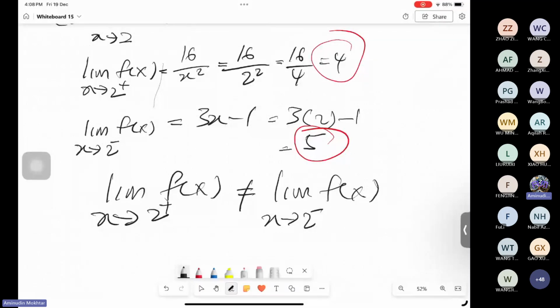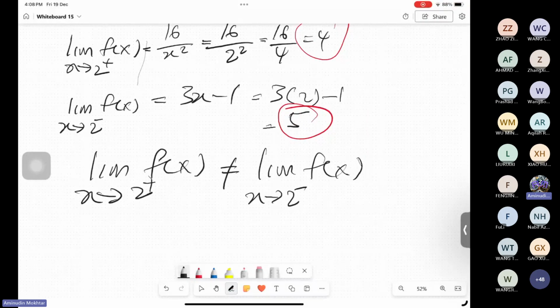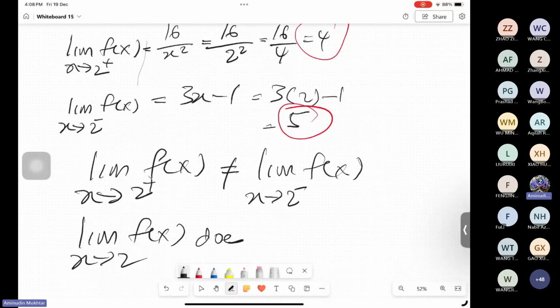Since the right hand limit does not equal the left hand limit, we can conclude that the limit of f(x) when x approaches 2 does not exist.